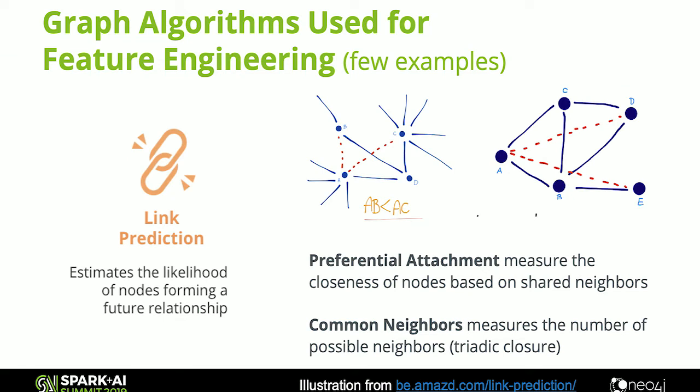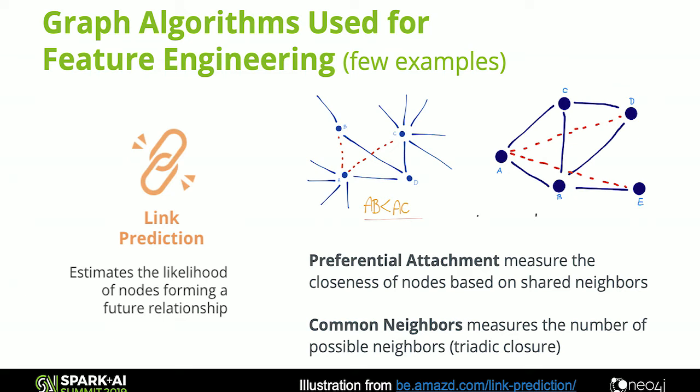That looks at the likelihood that nodes are going to connect based on multiplying how many relationships they already have. Kind of sounds a little odd, but what it actually shows is a common network science concept called preferential attachment. You can think of that as the rich get richer, or people that are popular get more popular.